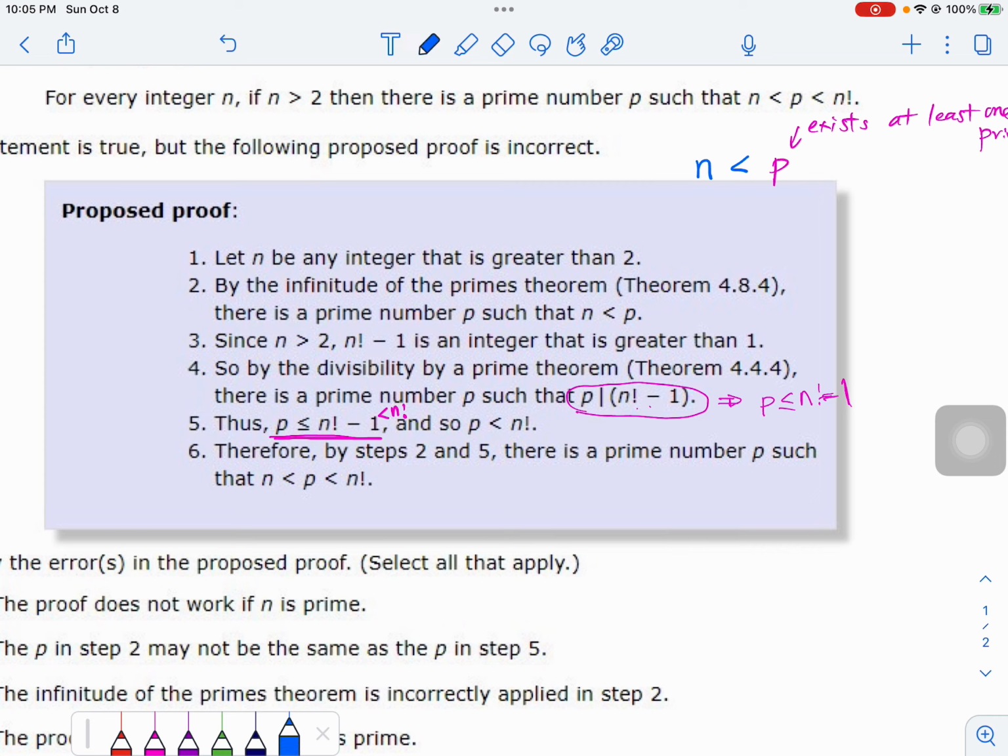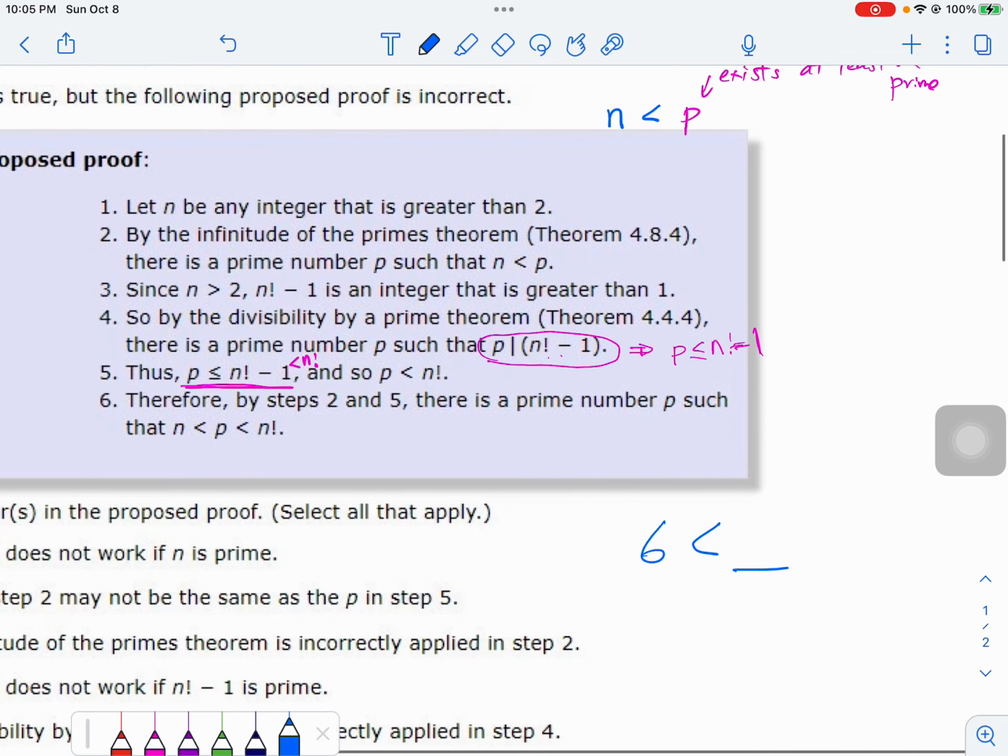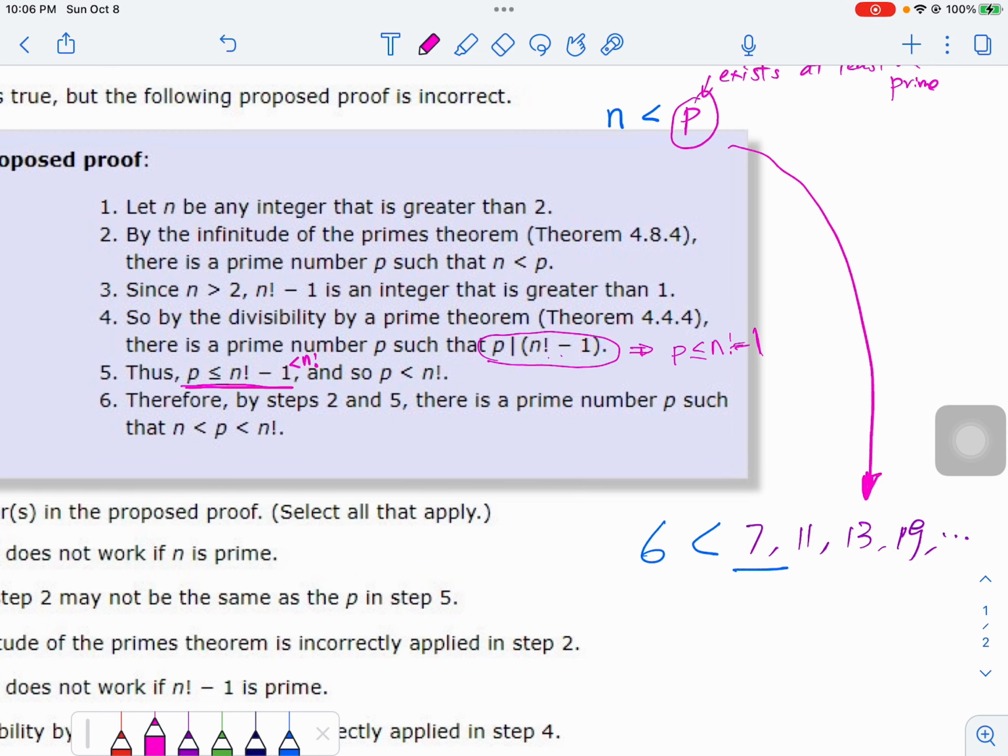Now, compared to step 2, this p is pretty generic, pretty general. For instance, give me any integer n, say suppose 6, right? We can always find a whole bunch of primes that will be greater than this particular n. For instance, 7, 11, 13, 19, and so on and so forth. So here this p is a generic prime.